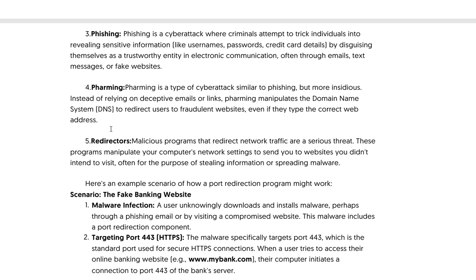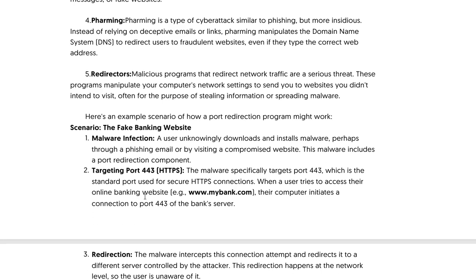Often their purpose is to steal information or to spread malware across the computers connected to the network in order to gain control of the network. So here is the scenario for the redirection port. I've already told you a port is nothing but a channel through which you communicate with a particular system. The scenario is a fake banking website.